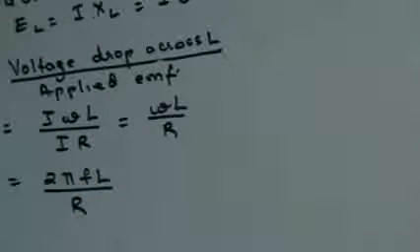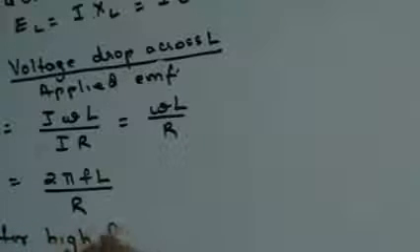Now, for very high frequencies, omega L upon R will be very high, because omega is 2 pi F. If F is very high, that means omega L upon R will be very high.